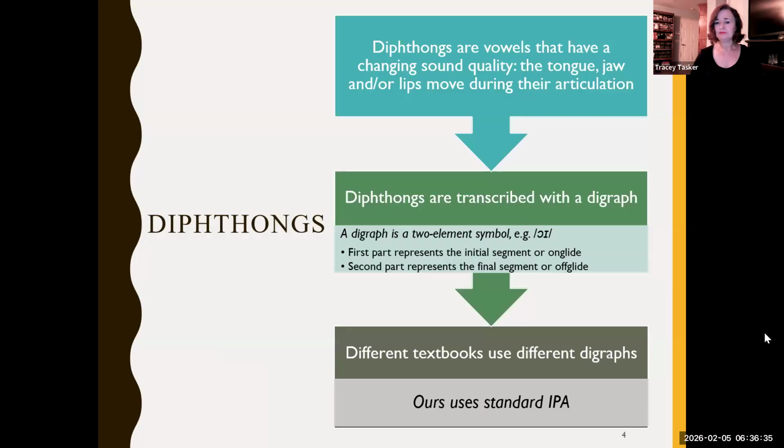So diphthongs have two sounds together. So the sound quality changes. So you're moving your mouth during the articulation versus a pure vowel, which just has one sound.